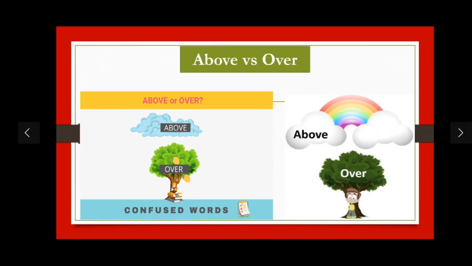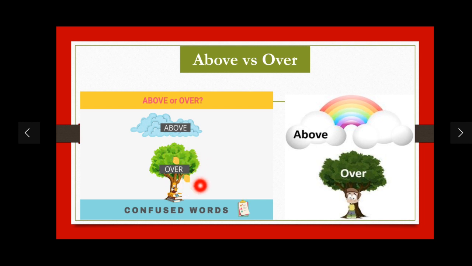The first difference between above and over is that if one thing is much higher than another thing, or there is a lot of space between them, we usually use above. Here you can see a person who's sitting here and the clouds are here. So between the person and the cloud, there is a lot of space, right?